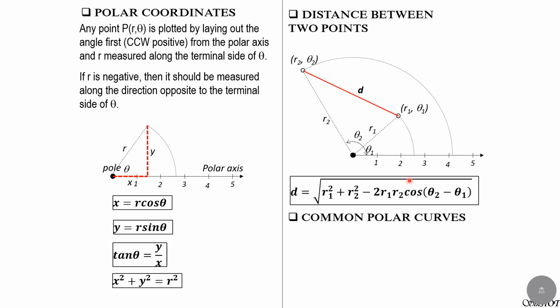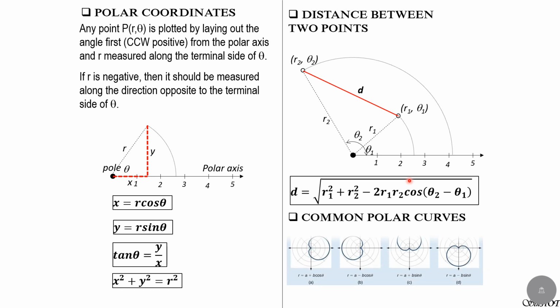Then here are the common polar curves. I want you to be familiar with these. And these are the given equations. So r equals, in general, a. Those are the equations, but we can also have r equals a quantity 1 plus cosine theta.